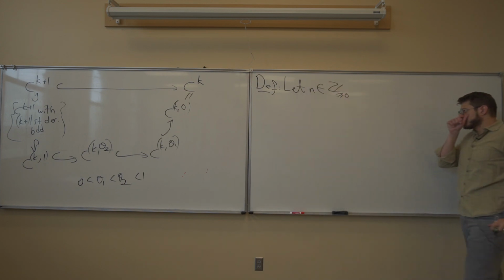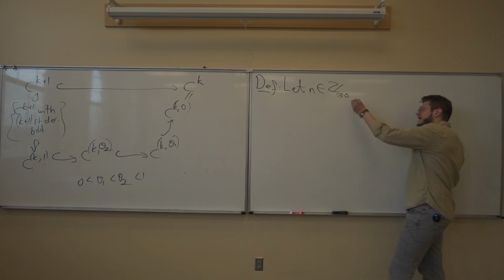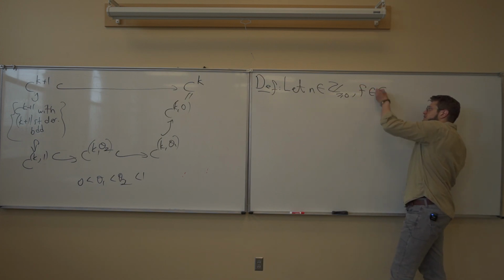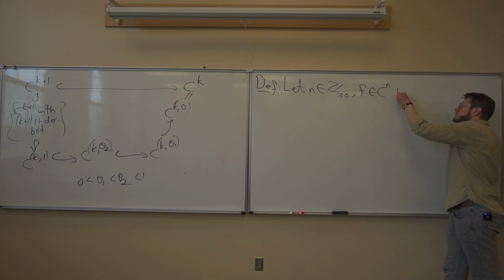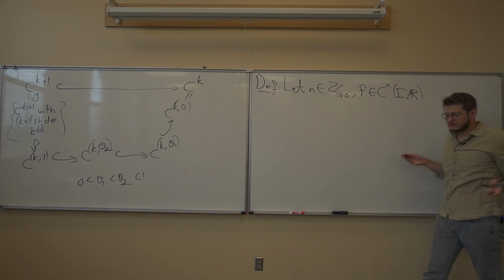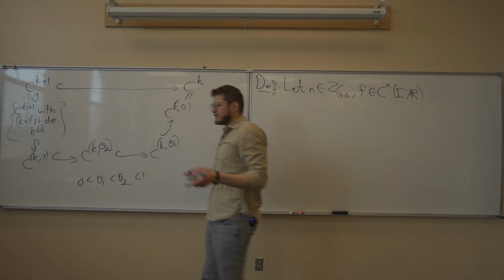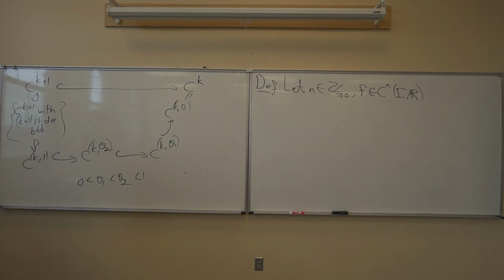I'm taking n a non-negative integer, and let's say that f is C^n. So if n is 0, that means that f is continuous. If n is 1, that means that f is differentiable with the first derivative continuous, and so on. But I'm leaving it as a parameter, you see.